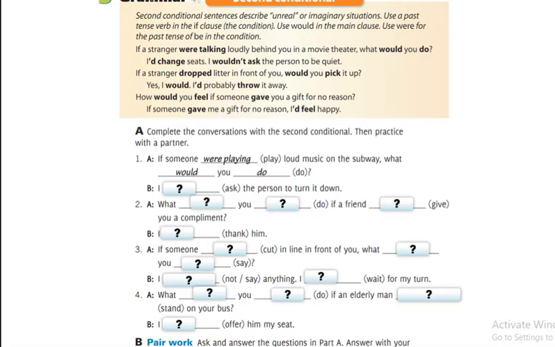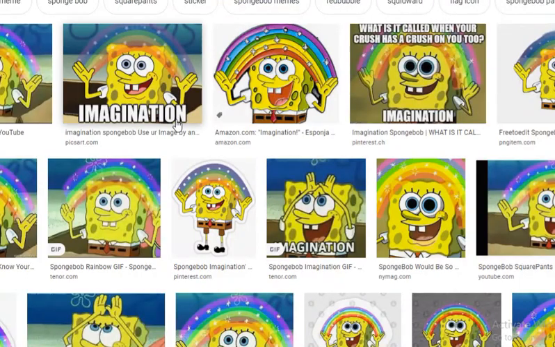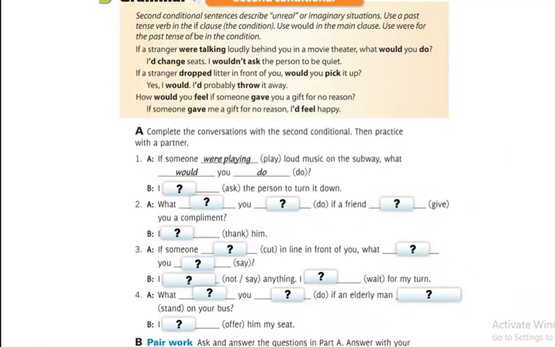But now let's read carefully what the second conditional is. Second conditional sentences describe unreal or imaginary situations. So anytime you remember the second conditional, remember SpongeBob making the sign of imagination. So now that you have a common reference about the second conditional, we're going to continue.